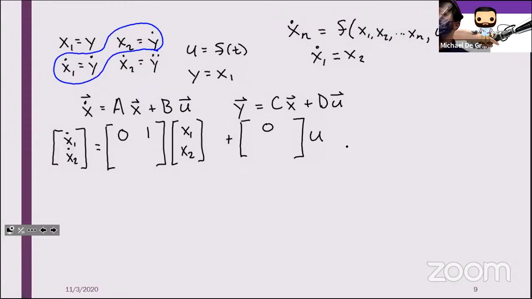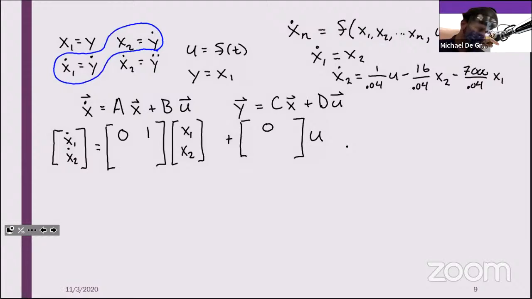What about my x dot 2 equation? Well, x dot 2 is that.